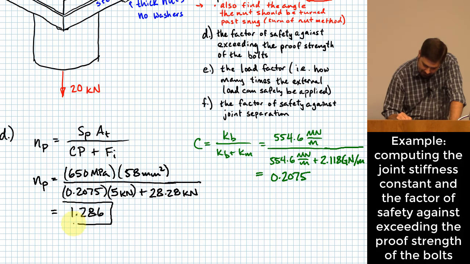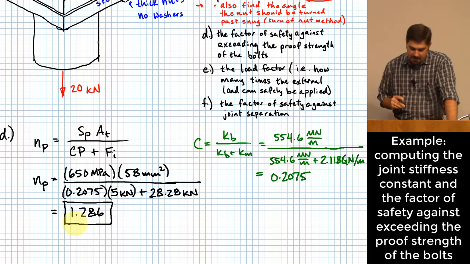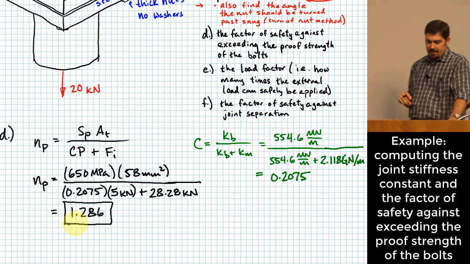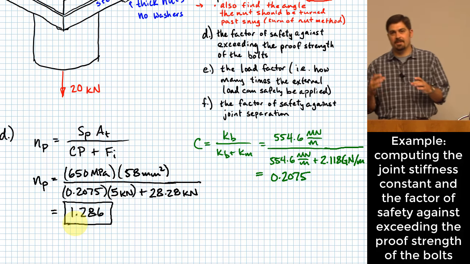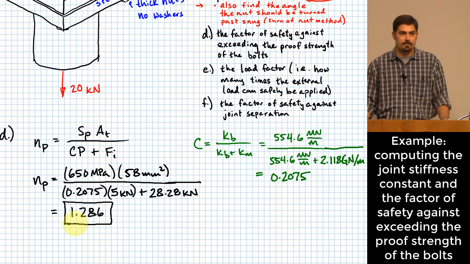Interpreting that value, you basically say it would take 1.286 times the amount of stress in the bolt to get up to proof stress.